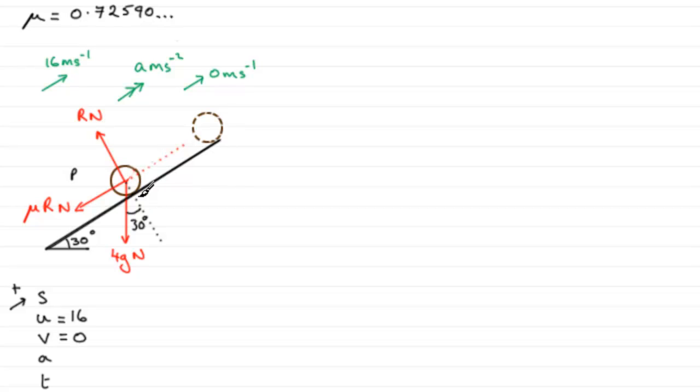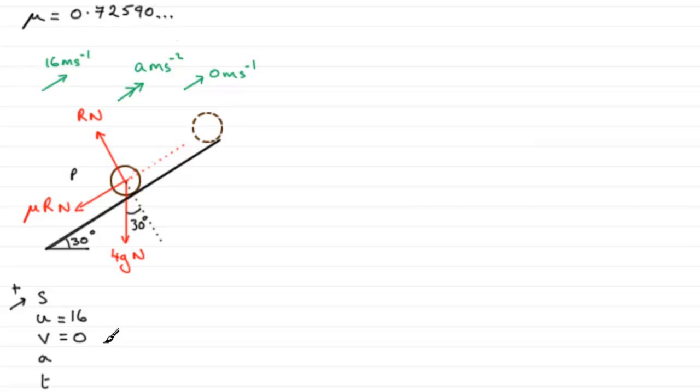We're going to resolve perpendicular to the plane to get R. Once we've found out what R is, we're going to resolve up the plane, apply Newton's second law of motion, F equals ma, to get A, and then put that value of A into the Suvat based equation, the appropriate one, to find out what the displacement S is. Okay? So that's just an overview. You might like to pause the video at this stage and have a go and come back when ready and check your solution with mine.